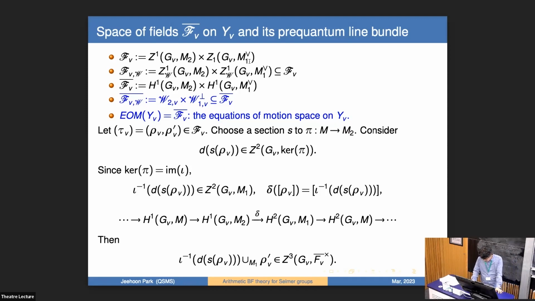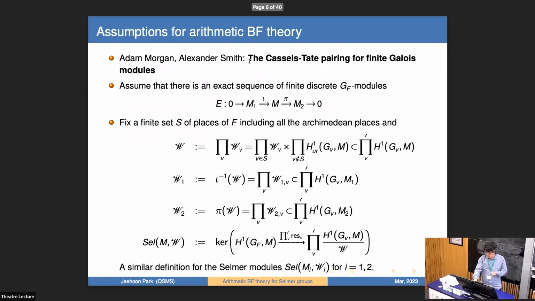Anyways, let's start from F_v. In order to construct the line bundle, I have to construct a fiber. So given a point in the base, that's rho_v, rho_v prime, I choose a section. All constructions at the beginning depend on a section of this exact sequence. Good, a section to pi. So I choose a section.